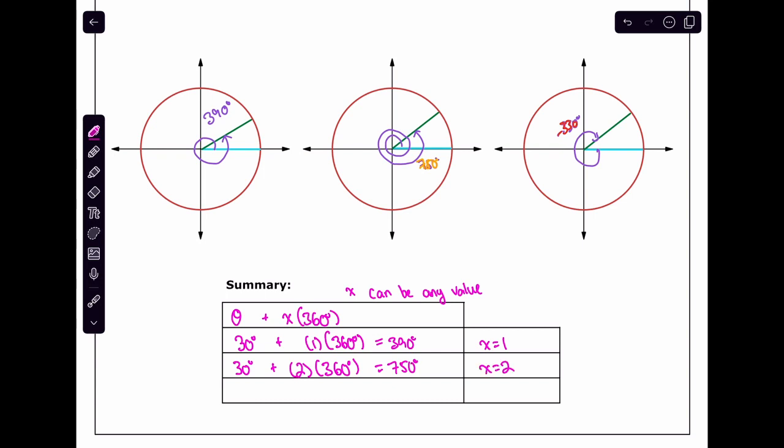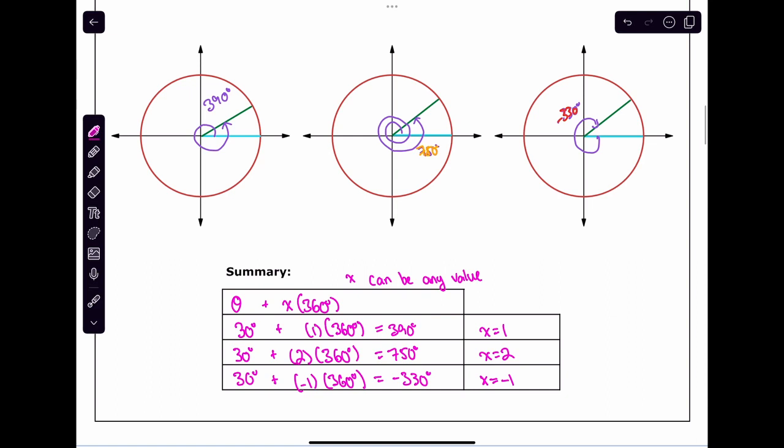Then for negative 330 degrees, what we did here is we did plus negative 1 times 360 degrees to get negative 330 degrees. So if I ask for any coterminal angles, given an angle, you can plug in any values of x you want to find coterminal angles.